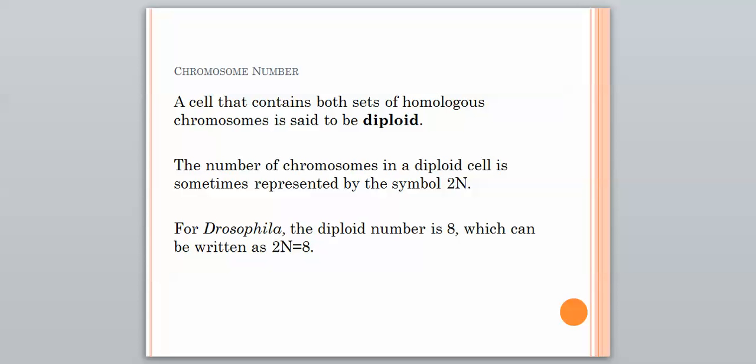Why they chose the letter N, no one really knows. It just means that there are 2 sets of chromosomes. And for Drosophila, that's the scientific name for the fruit fly, we haven't gotten into classification of organisms, but we know there's a scientific name, and that's what it is for the fruit fly, this number can be written as 2N equals 8, meaning that the diploid cells, the normal cells, have 8 chromosomes.